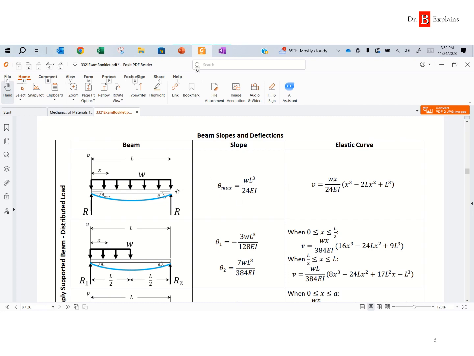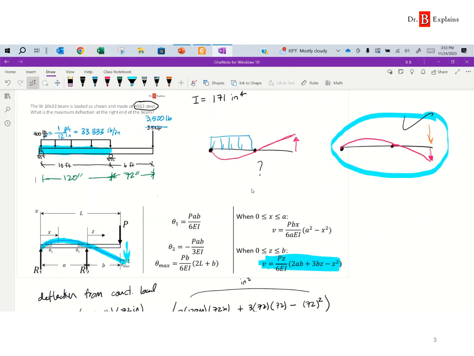And so what we can do, look at this angle here, theta max, which they're calling W times L cubed by 24 EI. What we can do is exploit this slope over here. So let me put it over here. So we can exploit this angle theta, because that angle theta is going to be the same one as that angle theta.